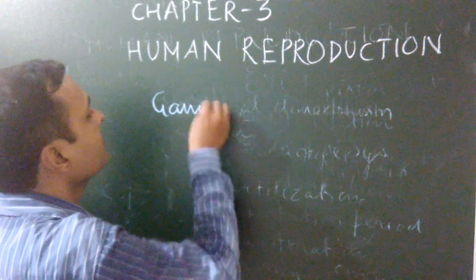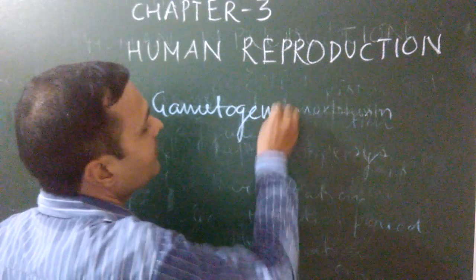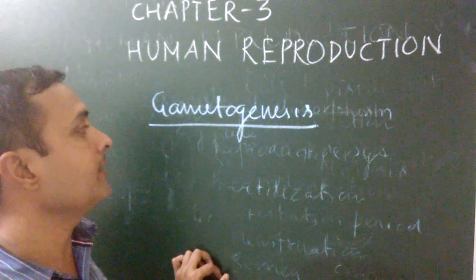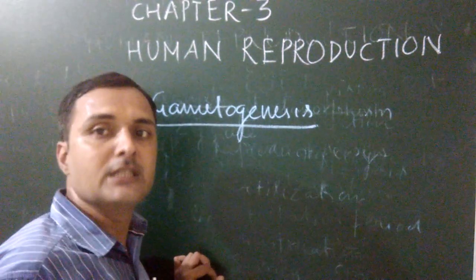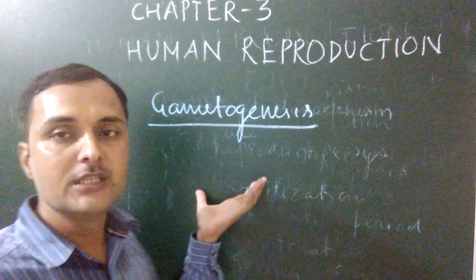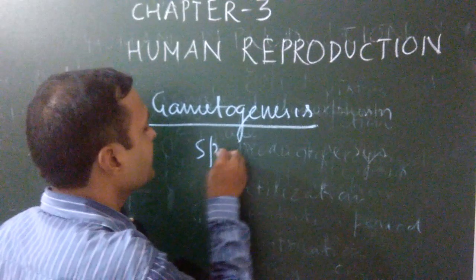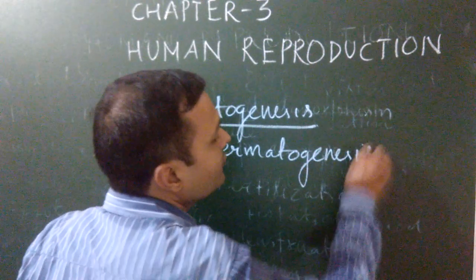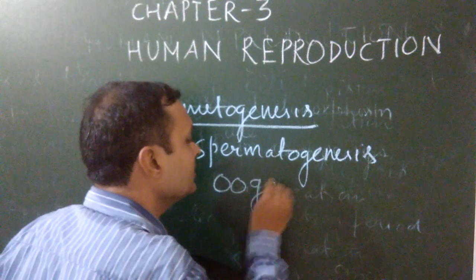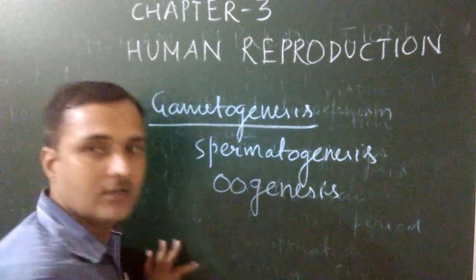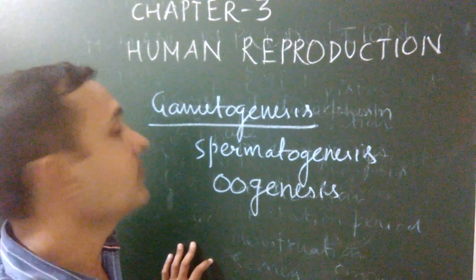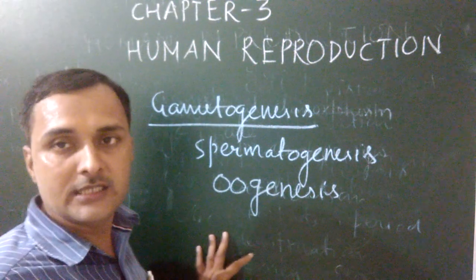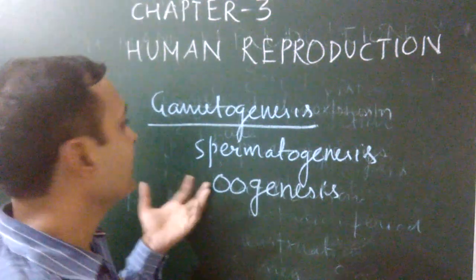Gametogenesis may be defined as the process of development of gametes, that means haploid cells, in living things.